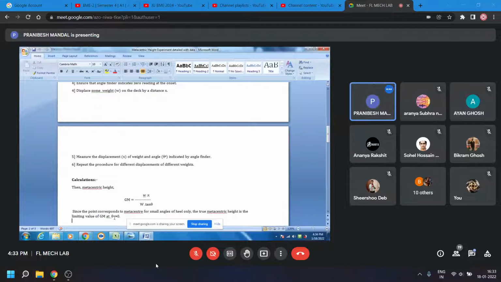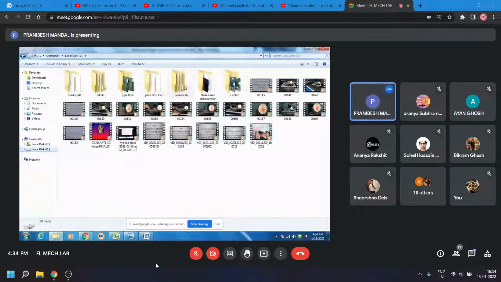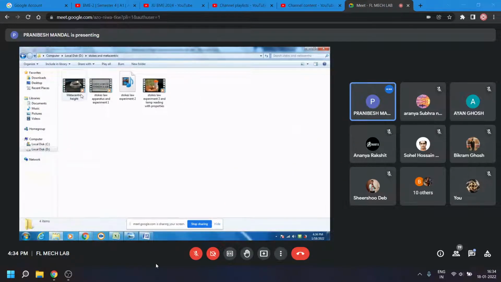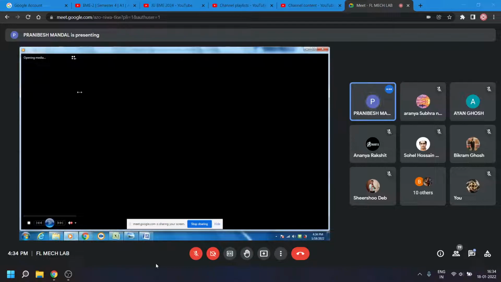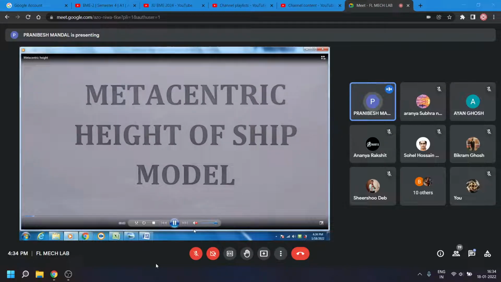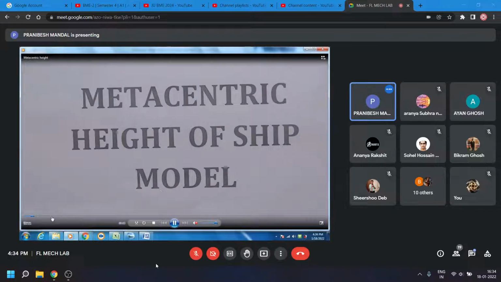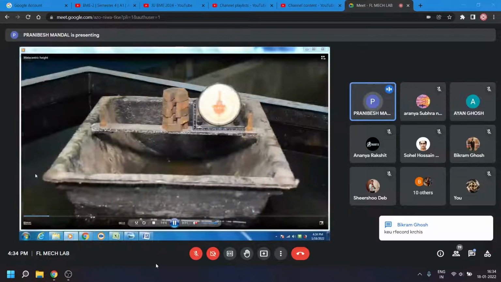Now let us see how you are going to measure this. Now concentrate on the experimental setup. Very easy, really very easy. We have a ship model.